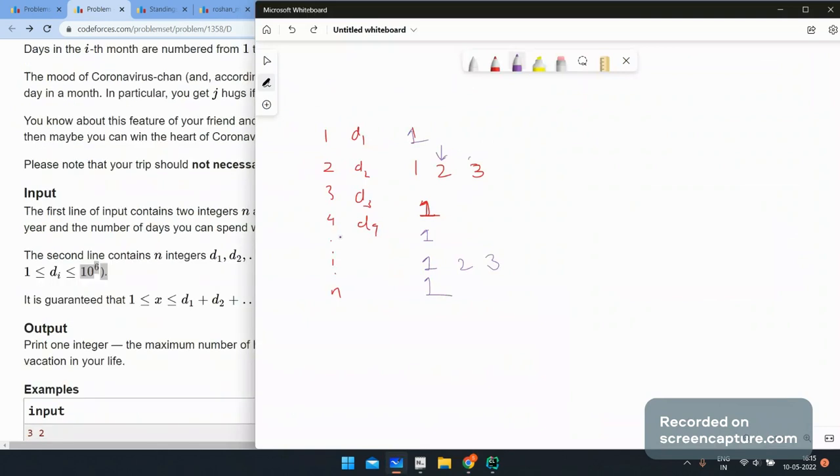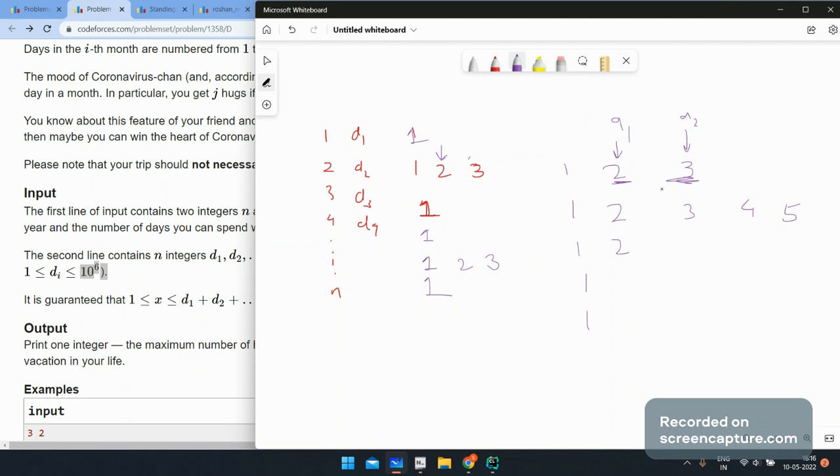So what we can do is zoom in on one array and see what is happening exactly. Suppose the array looks like this. If I choose this as the start and the answer is A1, and if I choose this as the start and the answer is A2, then this is better, right?